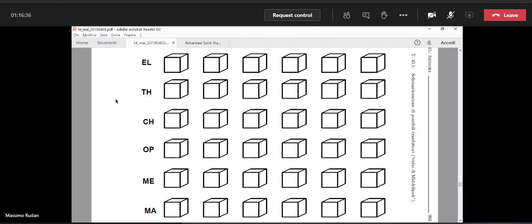On the other hand, it is possible for the sensor to provide the information to the user in different forms. Maybe, again, electric, or thermal, or chemical, or optical, or mechanical, or magnetic.